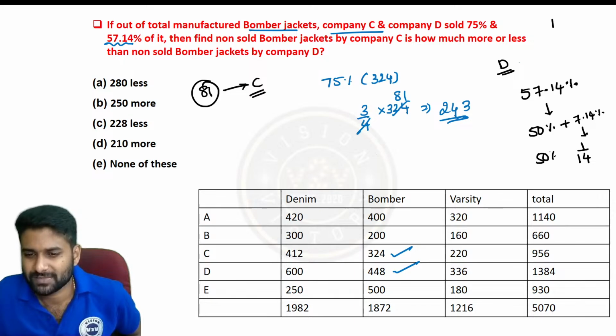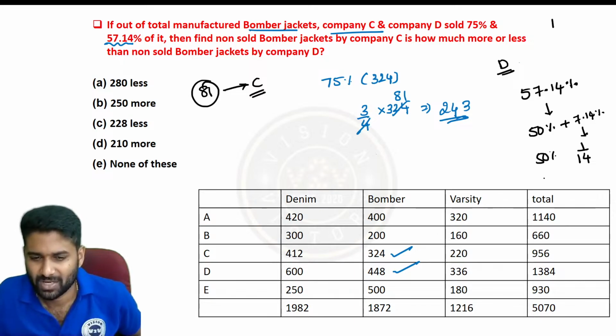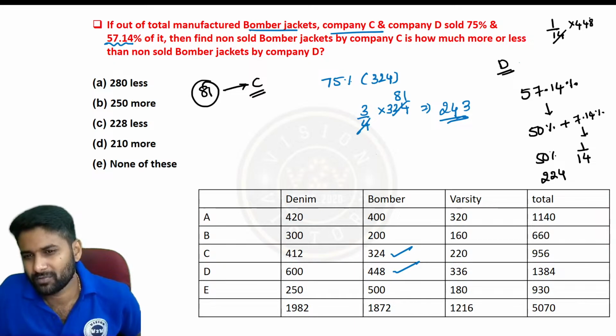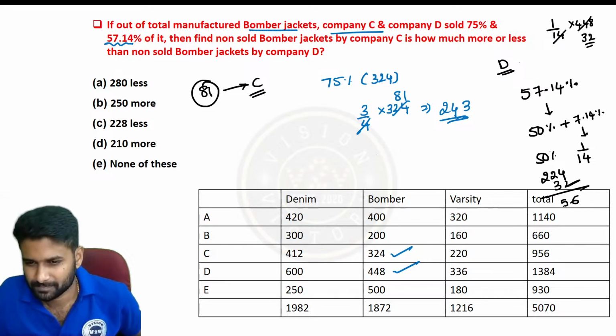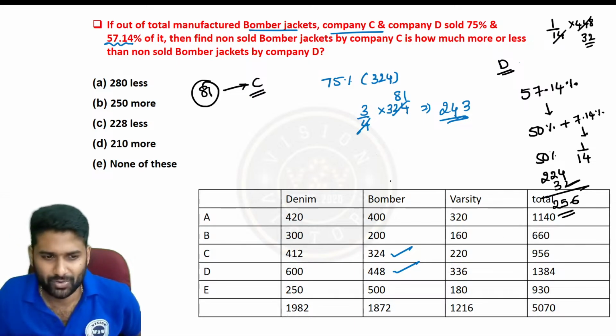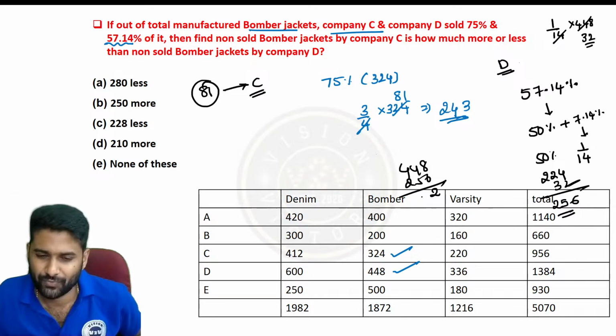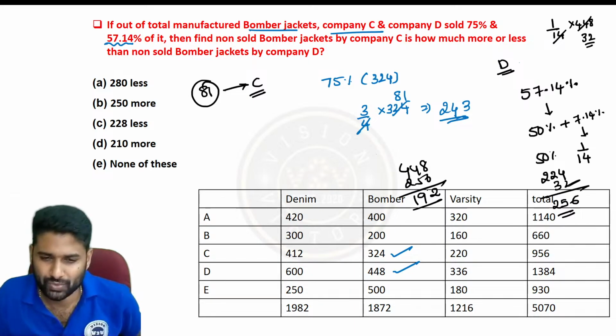And 50 percentage value becomes how much? 224. So 1 by 14th of 448, 14 ones are 14, 14 threes, 14 twos, it's 32. So 256. But you have to take the other value, 448 minus 256, which is a value of 192.